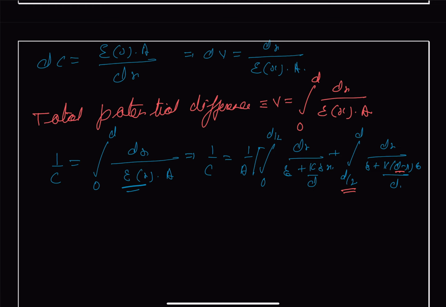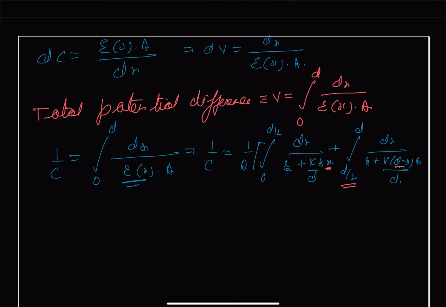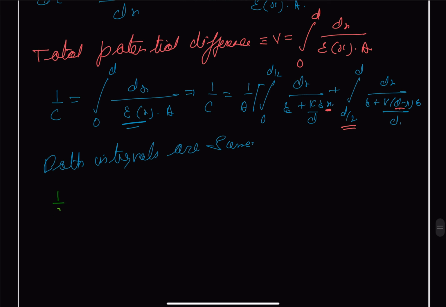So both integrals are the same, and we can write 1 upon C equal to 2 upon A times the integral from 0 to d by 2 of dx divided by epsilon naught plus k epsilon naught x upon d.